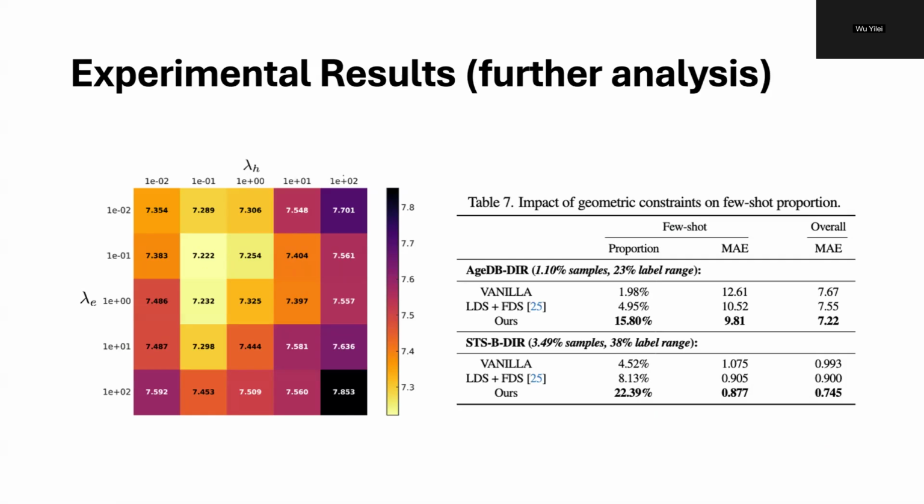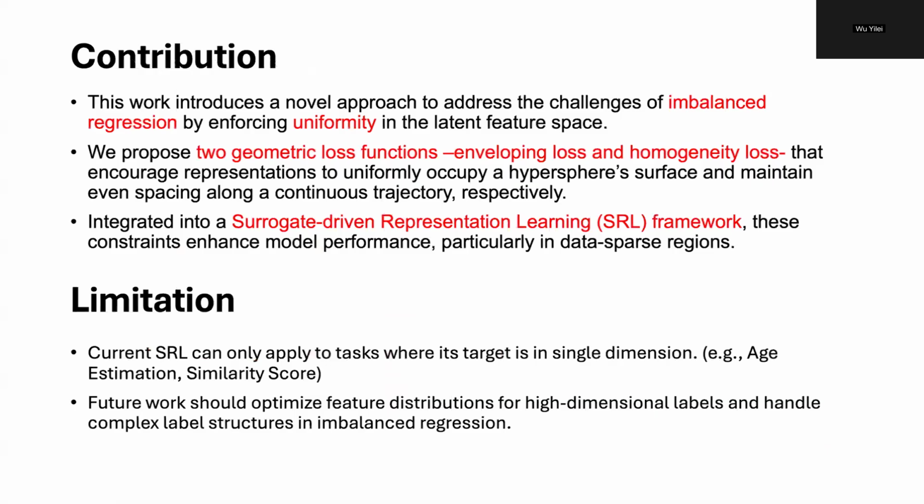We can see that by using our method, the few-shot regions increased their proportion from 4.5 to 22, which also explains the performance gain on the minority regions.